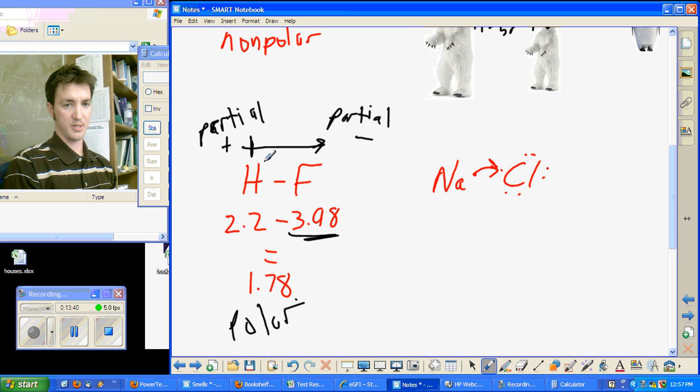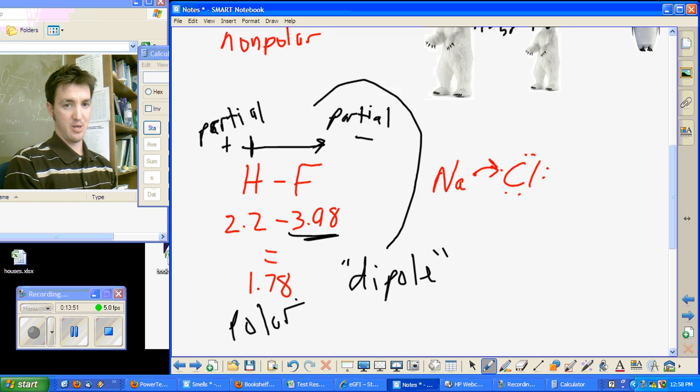So positive end, negative end. And what we call this is a dipole. That is the thing we drew. So a dipole is that arrow right there. And this is the kind of thing you'll be doing on the worksheet next time: you'll look at molecules, figure out, is there a dipole or not? If there is, you draw the dipole.